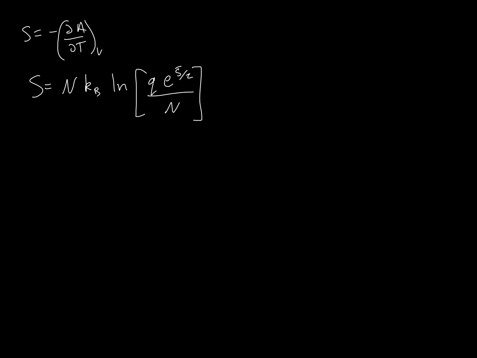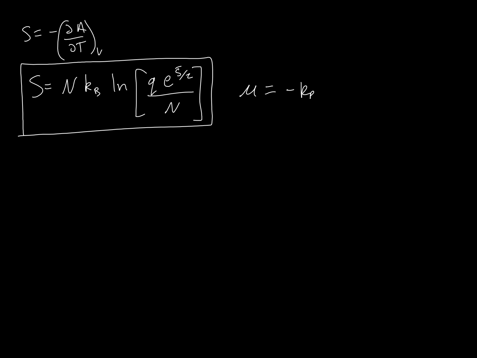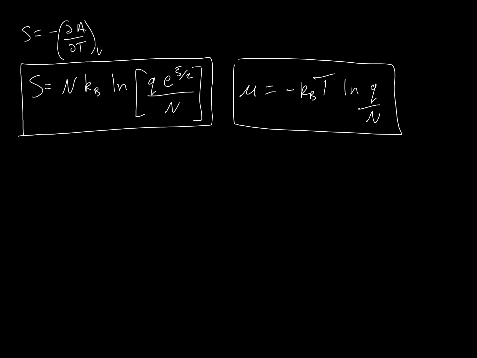Now remember, there's temperature dependency within the partition function, so we're skipping over the math, but we have entropy now. And then lastly, the chemical potential. Again, skipping over the math. Is that the unit with 5 over 2? Correct, yep, 5 over 2. And internal energy.